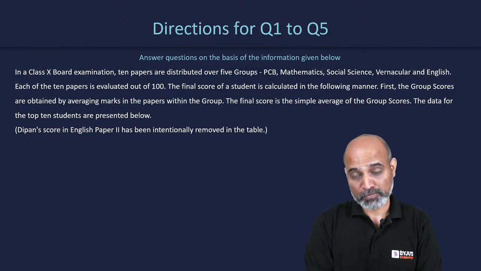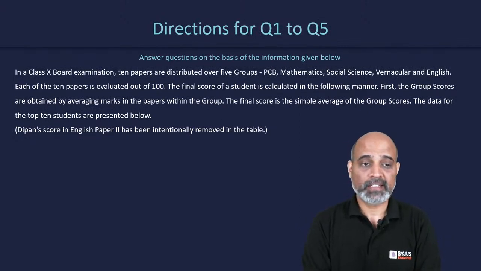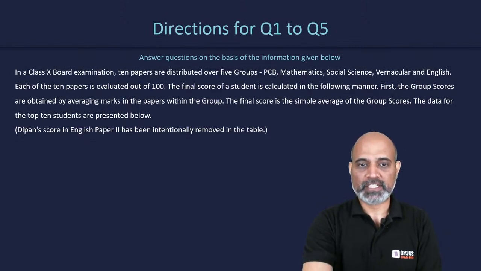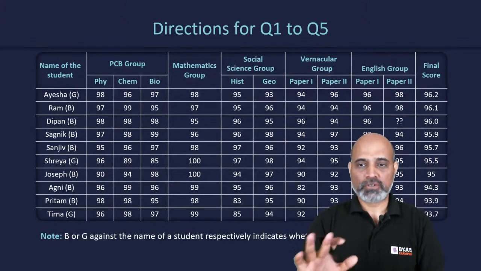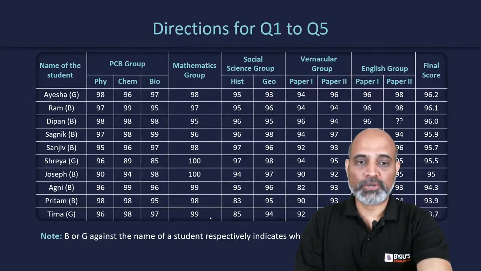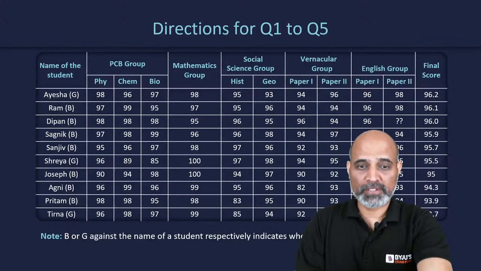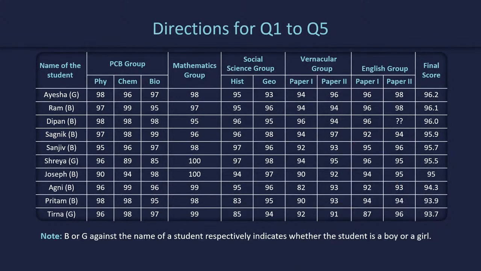So there is no space below, so I have kept it on the next slide. The score in English paper 2 has been intentionally removed in the table. So this is what we have. In order for you to look at the entire table, I will just move myself from here. Go through the table, or if possible, take a screenshot quickly so that you can solve whatever the question is going to be.